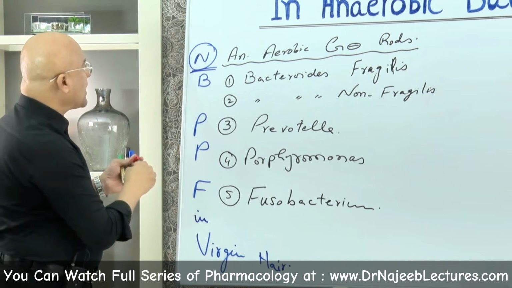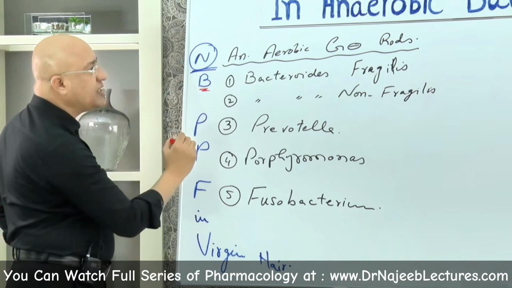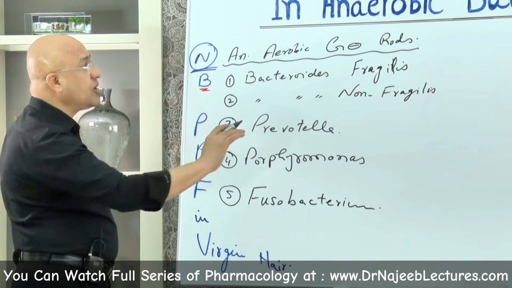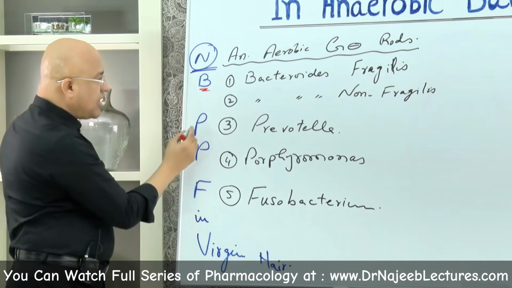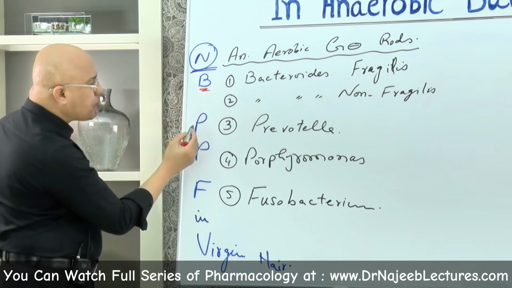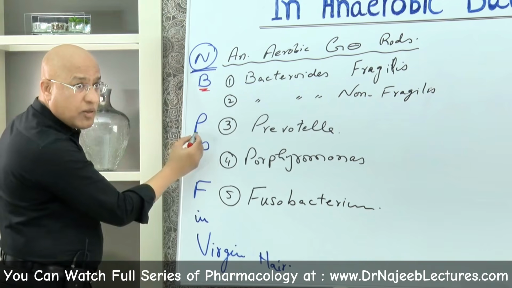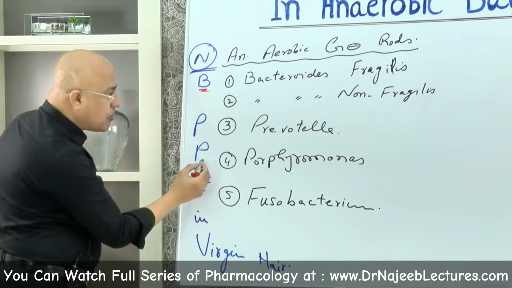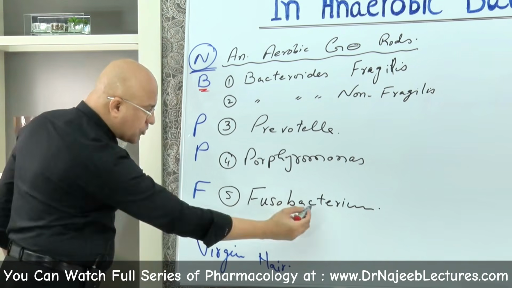Boy stands for Bacteroides, remember two groups, fragilis and non-fragilis. Places stands for Prevotella, pink for Porphyromonas, and flower for Fusobacterium.